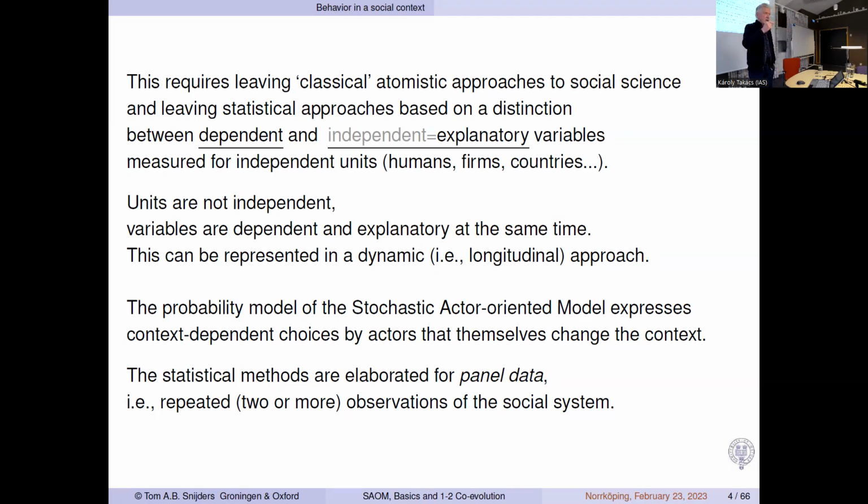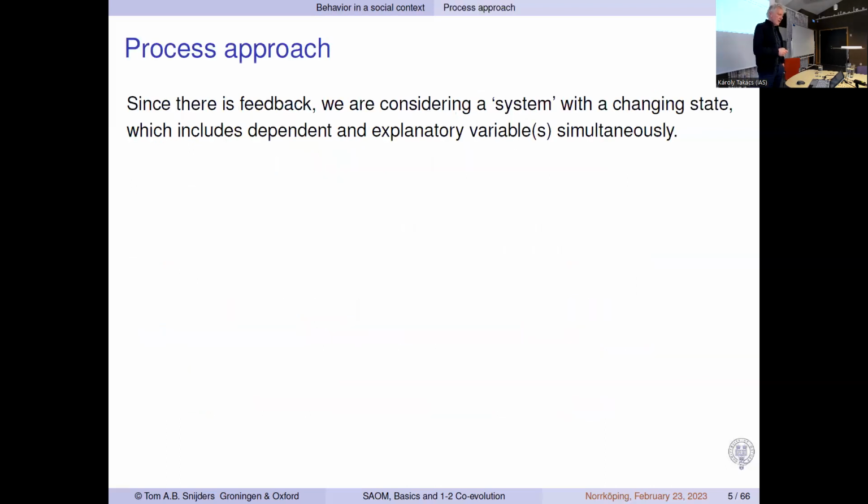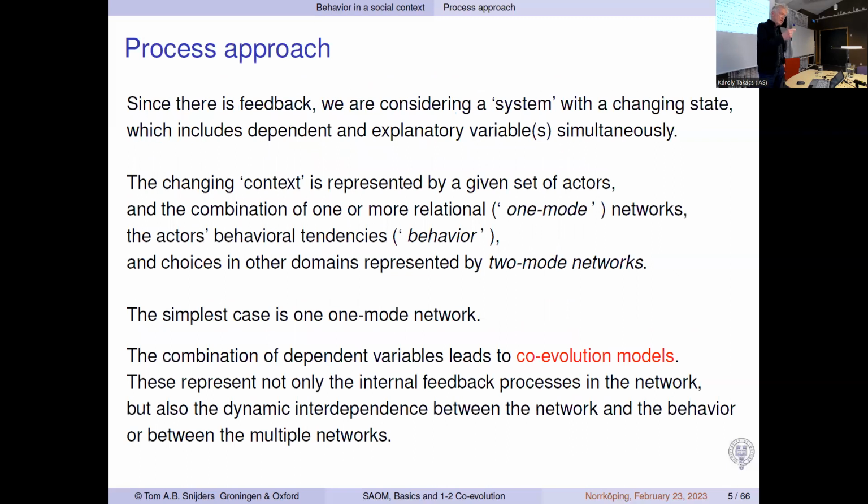When I say longitudinal data, I'm starting with 2 repeated observations of a network. With 2 repeated observations, in my mind, I already have longitudinal data. So we have a system, think of the feedback idea, a system with a changing state.